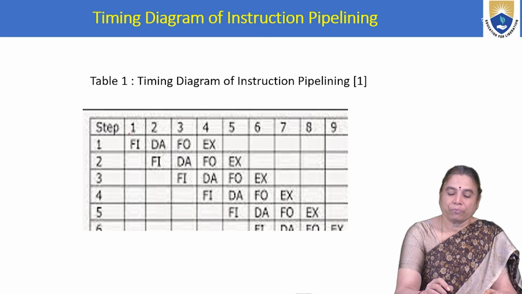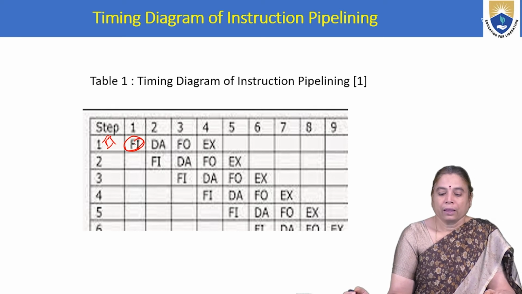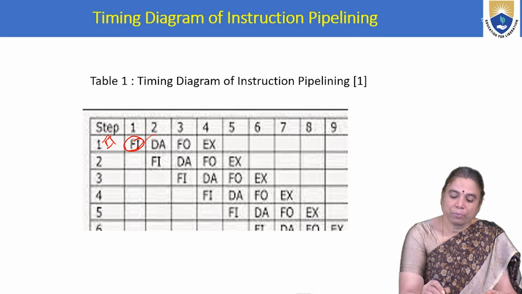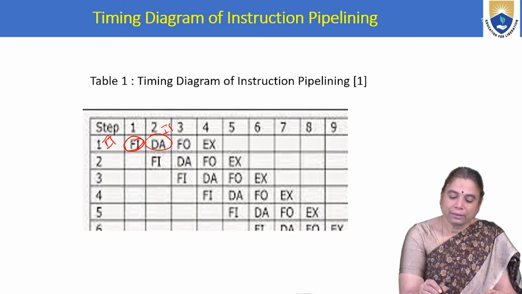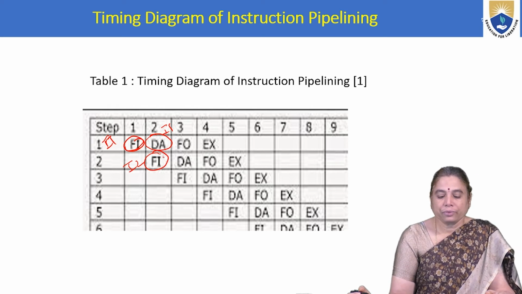So during step 1, instruction 1 can be fetched. This is instruction 1, first segment. And during the second clock cycle, instruction 1 moves to the second segment, decoding and address calculation. At the same time, the second instruction is initiated and the first step of instruction 2 is performed, that is the fetch instruction.